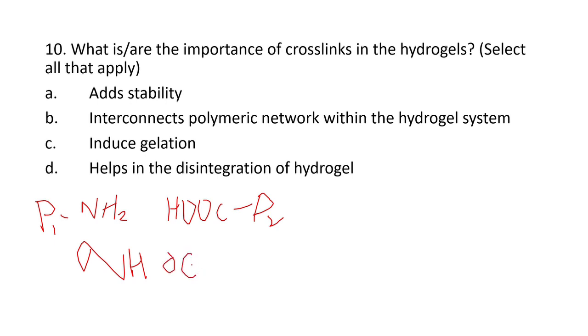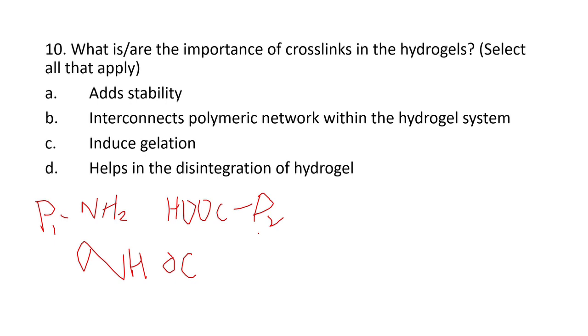So NHCO bond is nothing but a peptide bond. So this bond will be formed between two polymers. So in this case, there is no need of extra chemical cross-linkers, because if you just activate the COOH group in polymer P2, and if you bring a primary amine near it, it will automatically form a bond.